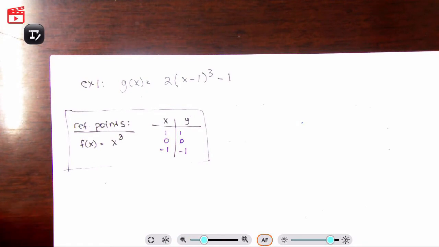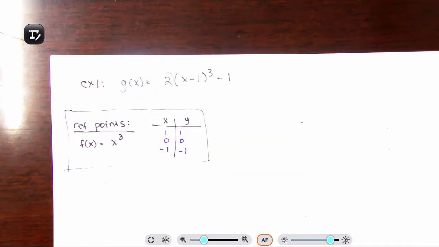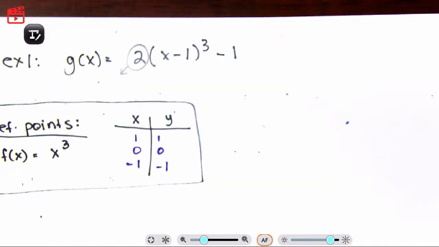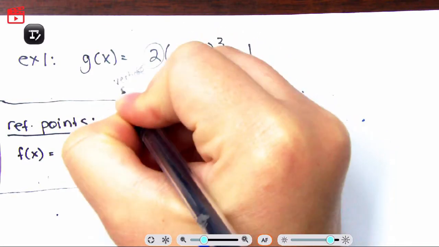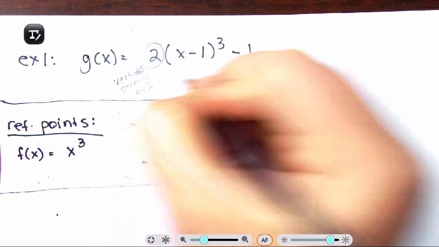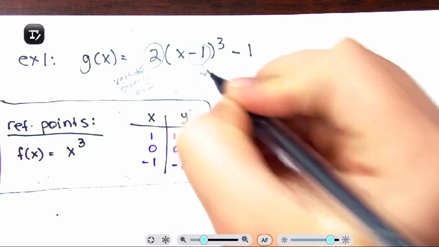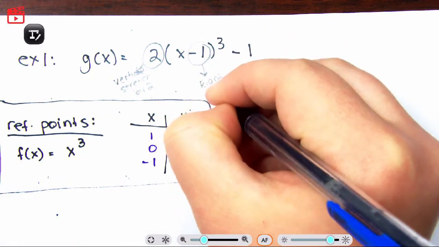So let's do our translation. Notice I have a 2. If I have a 2, that means, oh, you guys can't see. Let's zoom in. If I have a 2, that means I have a vertical, it's outside the bubble. I have a vertical stretch by 2. I have a negative 1 on the inside. That means it's opposite. So I have a right 1.